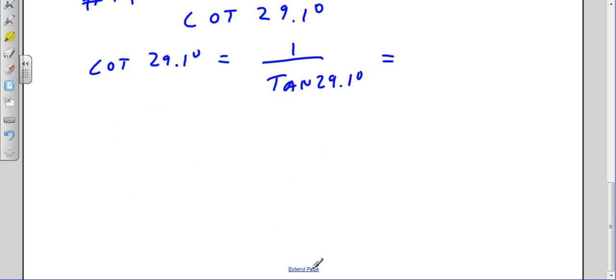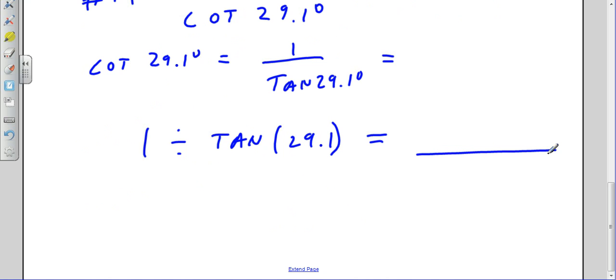So I'd put in my calculator 1 divided by tangent 29.1 equals, and then write down the answer. That's what I would do. 1 divided by tangent 29.1, close parentheses, and I'd end up with 1.797 if I was going to do it to 4 significant digits. So that's what I would do.